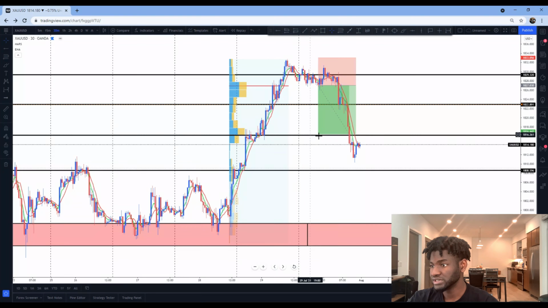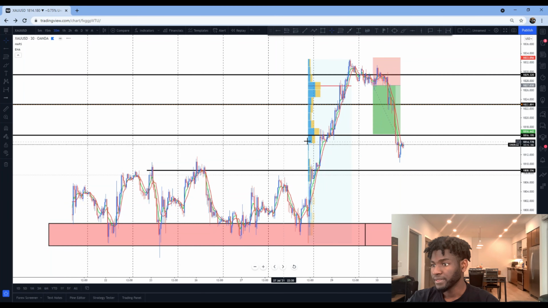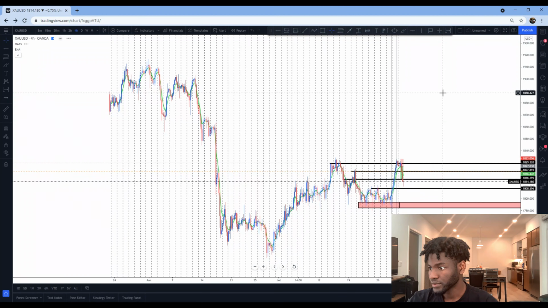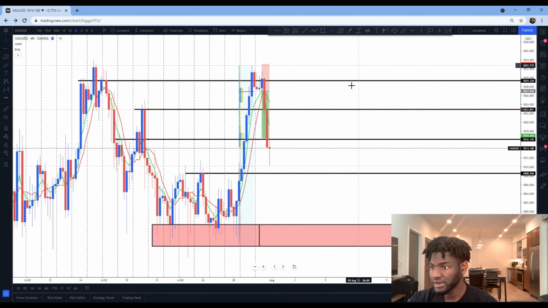As you can see, I put my TP right here. Why? Let me go on the 4 hour. On the 4 hour, we have thin traffic from this demand level to this supply level right here. We don't have any candle opposite to the blue one, so we only have blue candles, no red candle right here.